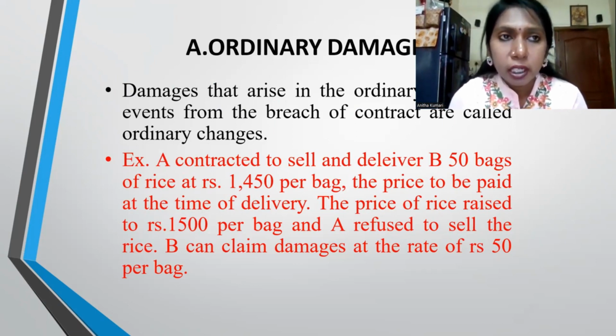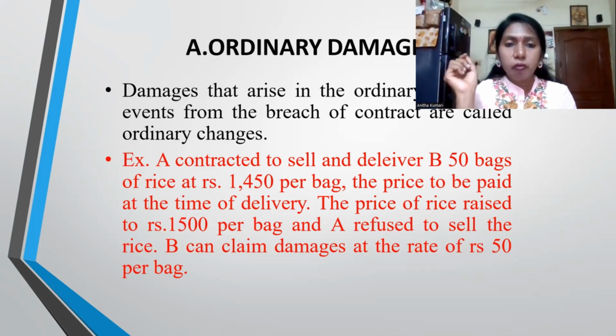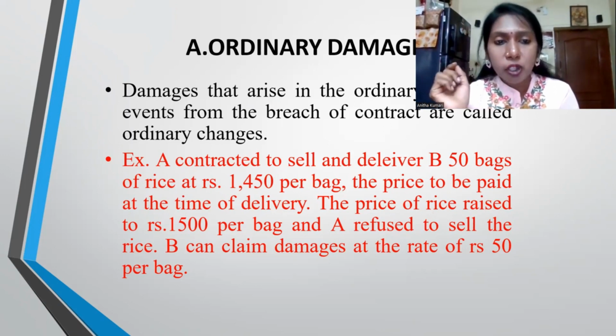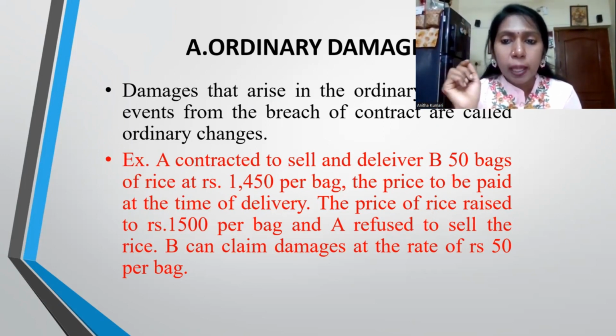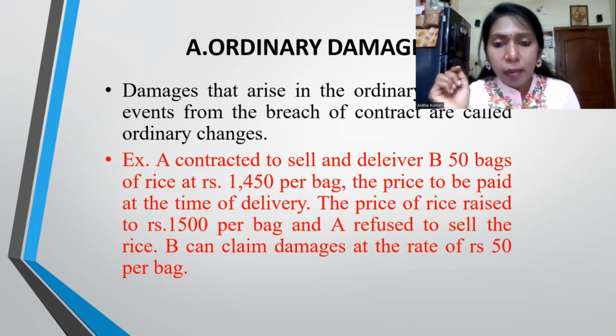For example, A contracts to deliver to B 50 bags of rice at 1,050 rupees per bag. The price is to be paid at the time of delivery. The price of the rice rises to 1,500 rupees per bag and A refuses to sell the rice. B can claim the damages at the rate of 50 per bag.